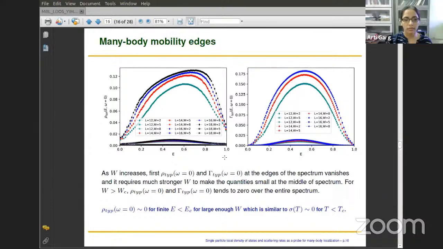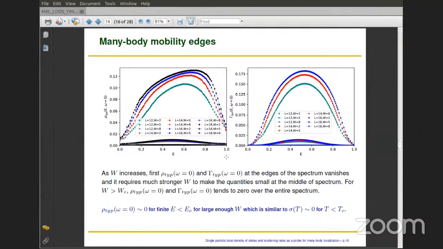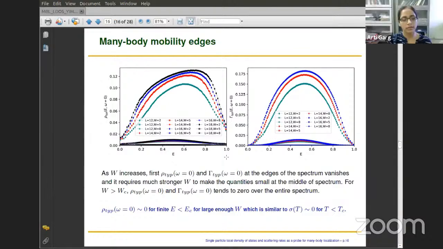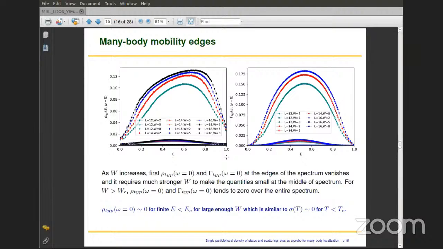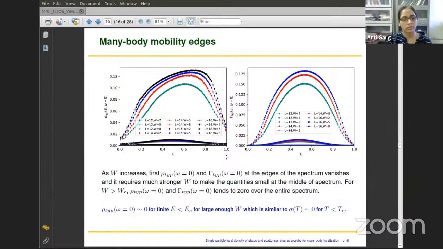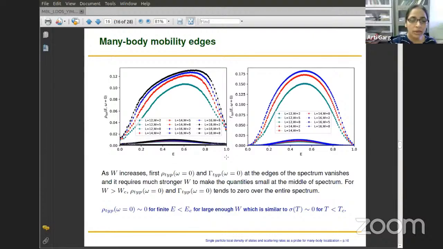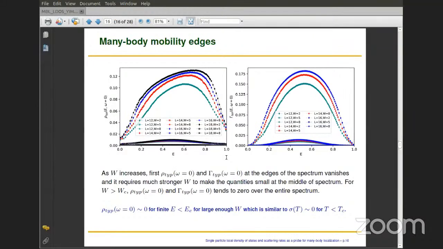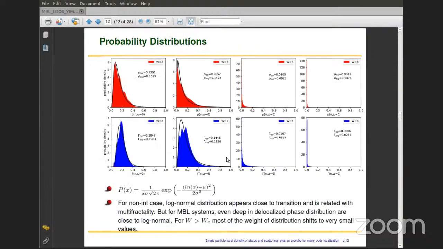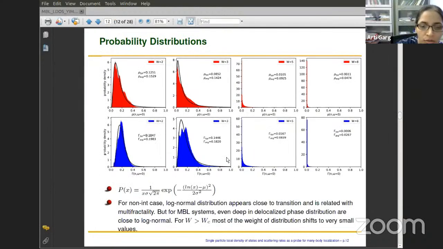Let us go to an MBL system where, if you look at this paper and some other subsequent papers, even in the MBL without any mobility edge, there is a set of measure zero states, but of course measure zero when you normalize with the entire Hilbert space, in which if you create an excitation on top of an exact eigenstate, that excitation spreads in space. So I was just wondering if you look at your entire data files, do you see signatures like that? No, of course, they're measure zero. So these long tails which you are seeing, right?